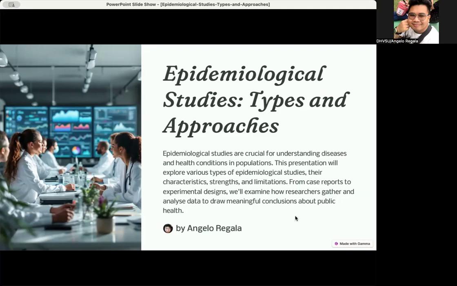As stated in this presentation, we will explore the different types of epidemiological studies, their characteristics, their strengths, and even their limitations, from simple case reports up to different experimental designs.